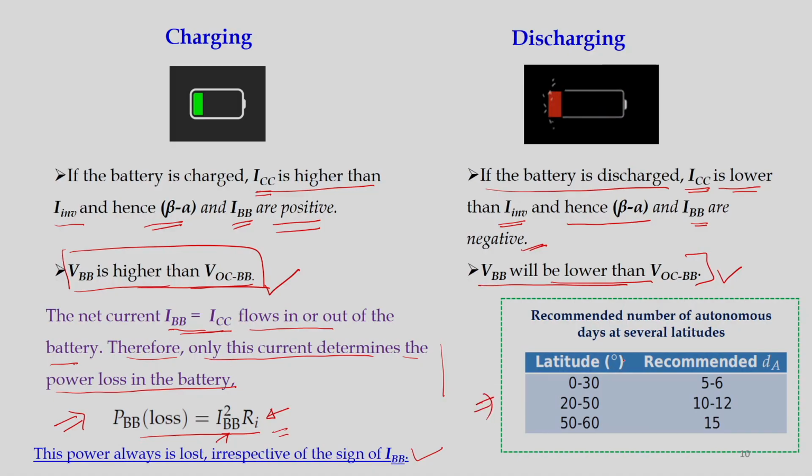As I said, the number of days of autonomy to be maintained for a standalone system is specified by latitude.